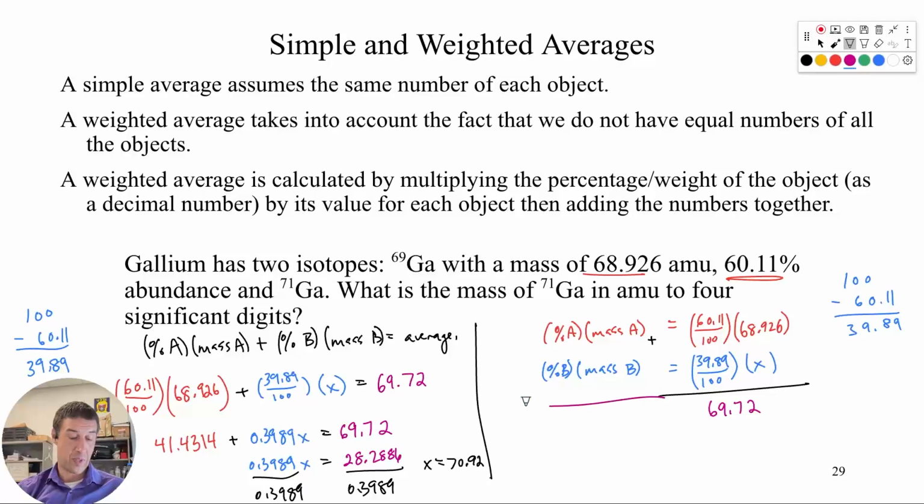The problem that I have with this comes from this very question. This is our atomic mass from our periodic table, and when I go through to plug and chug, this format is really only valuable if what I'm solving for is the atomic mass found on the periodic table. Why would I have such a problem with that? The atomic mass is on the periodic table. It's there already.